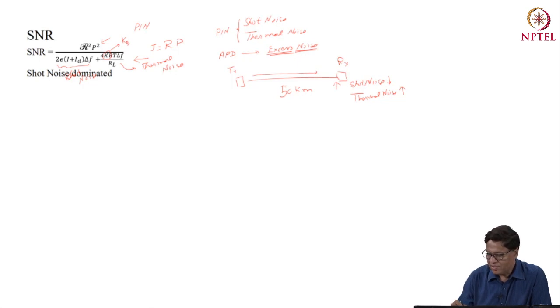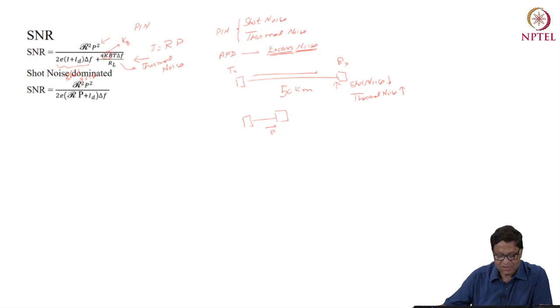On the contrary, if you have a link where the ends are very close to each other, the power coming onto the receiver is high because the distance is very small, there will be less attenuation, and more power. In this case, the shot noise component will be higher and the thermal noise component may be lower, so this system would be shot noise limited. So you can have either a shot noise dominated system or a thermal noise dominated system.